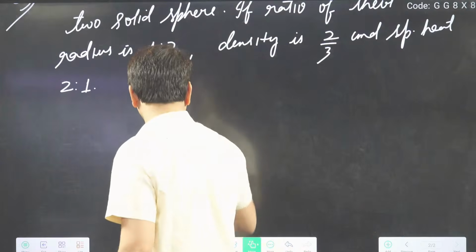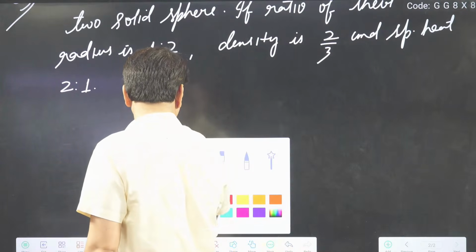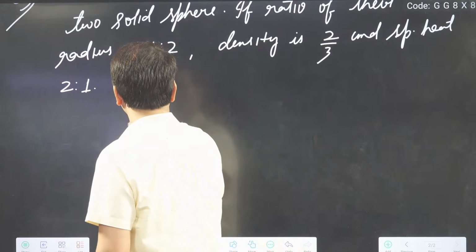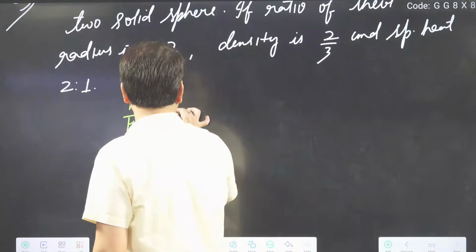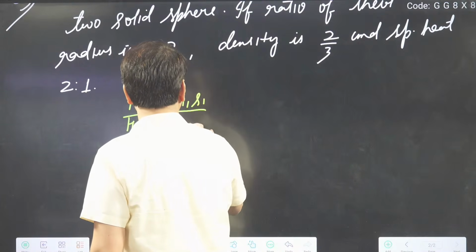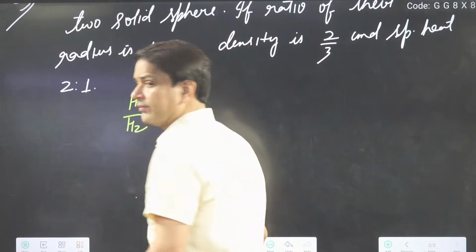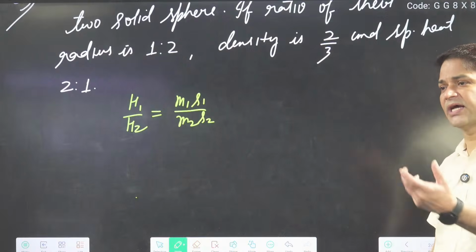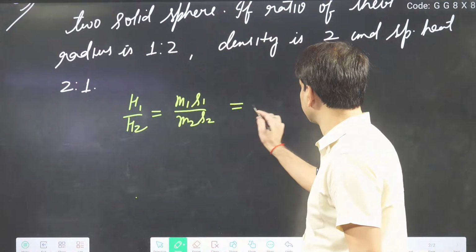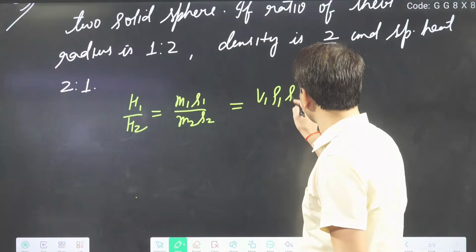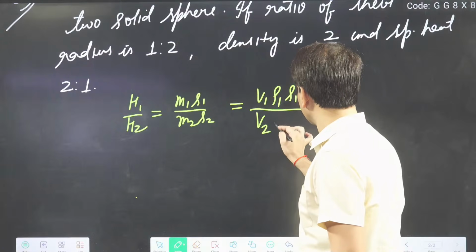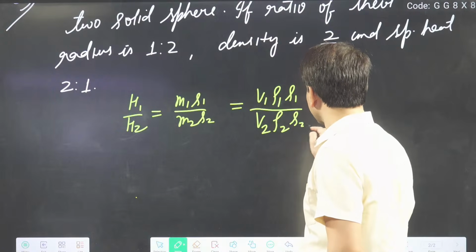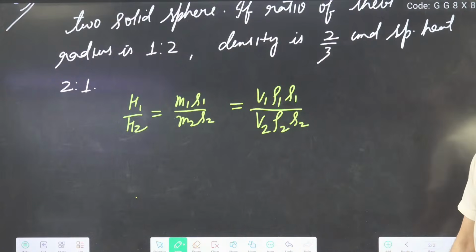Okay. Then H1 by H2, what I can write, H1 by H2 is M1S1 by M2S2. The mass ratio is not given, so I can write mass as volume into density. So this will be V1 rho 1 S1 upon V2 rho 2 S2. Okay. Now V1 by V2, what is the volume ratio?